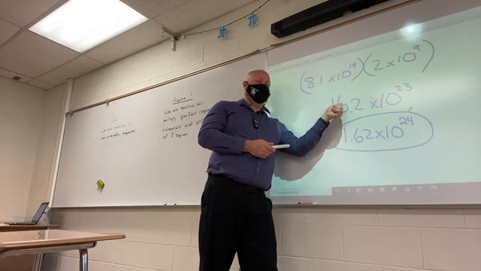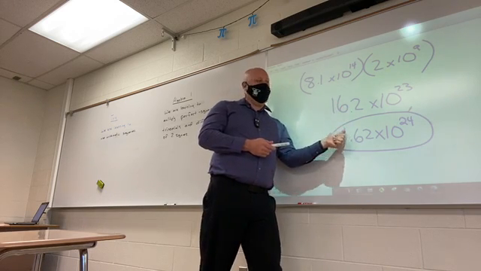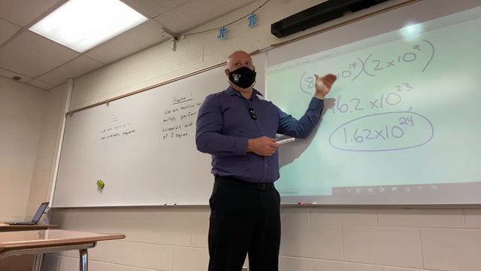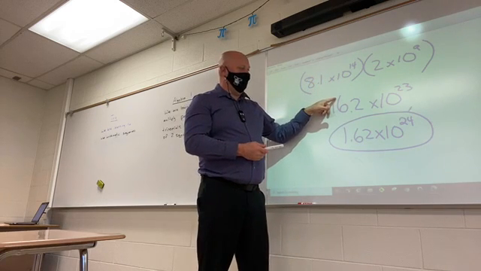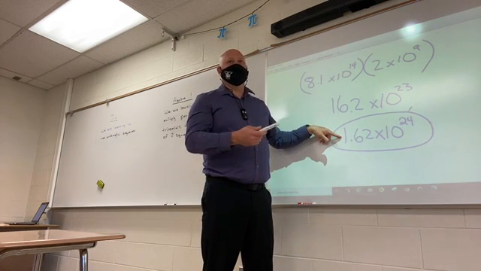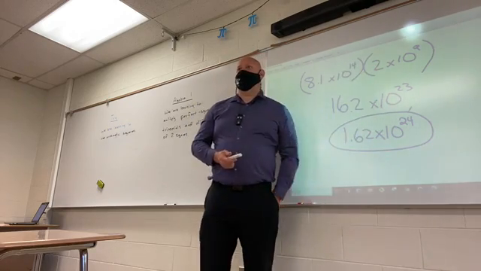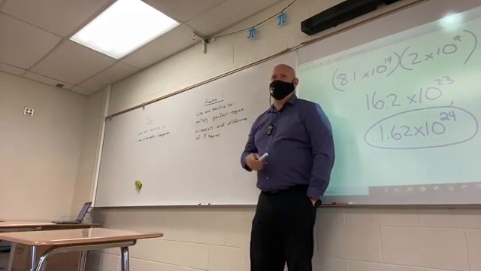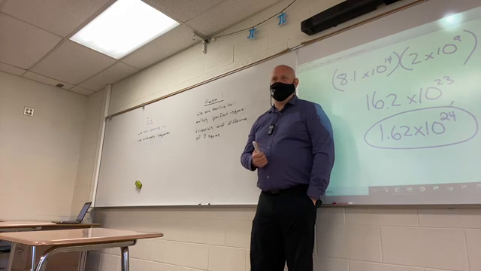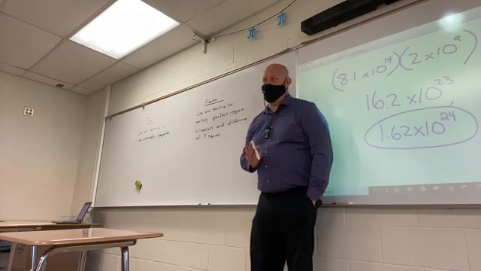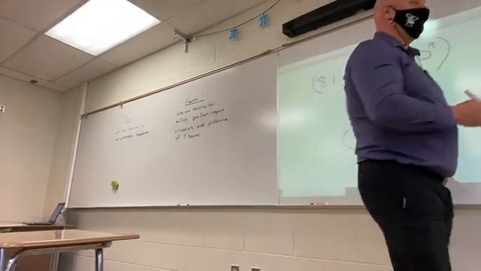And then just remember, if this number gets smaller, that one has to get bigger. And likewise, if this one has to get bigger, because maybe it's a 0.16, then this one would have to get smaller. Make sense? So far? Okay.